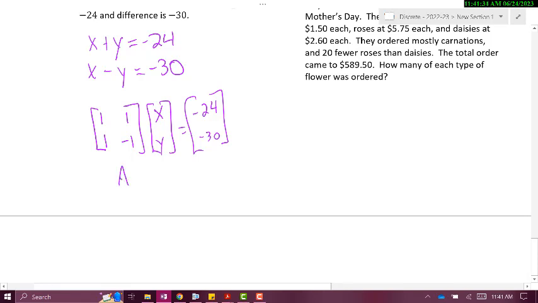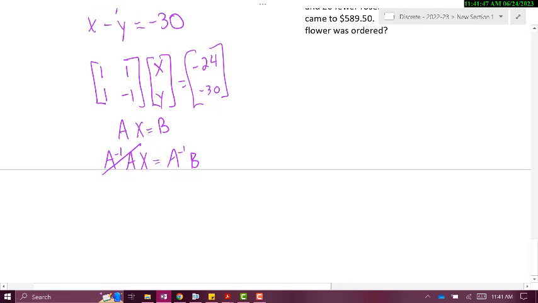So again, it's AX equals B. We need to multiply by A inverse on the left side of both sides of the equal sign. So these kind of cancel out. Not really. So let's find the inverse of A by ourselves.